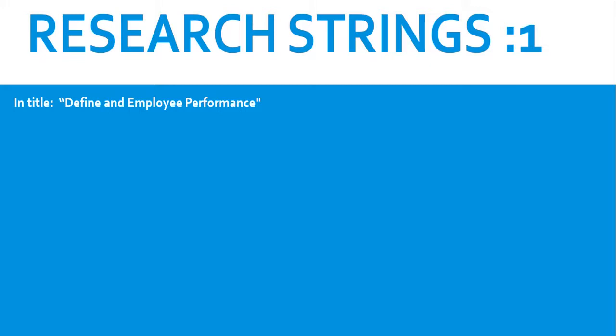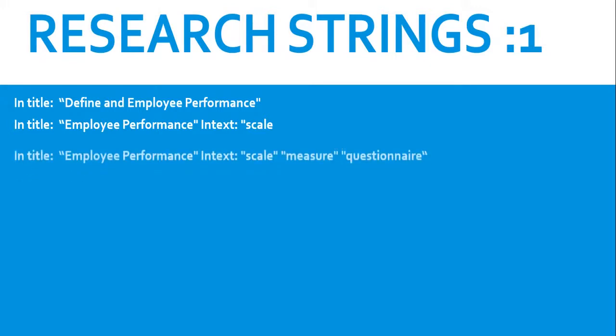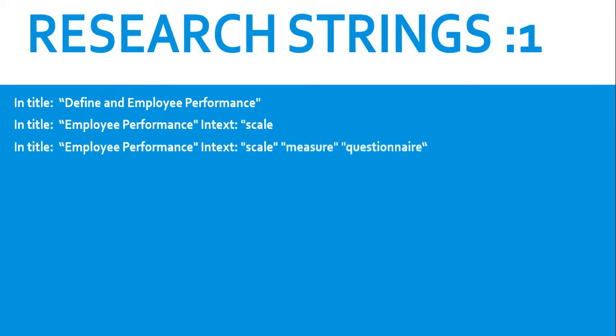So this is the first string which I will tell you in this video. Then the second string is for finding your scale, which is in title inverted commas employee performance, in text then inverted commas scale, and again inverted commas. Sorry, I forgot to add that over there. Then there is a third one, for example, I'm taking employee performance between inverted commas, then there is scale, measure, and questionnaire.